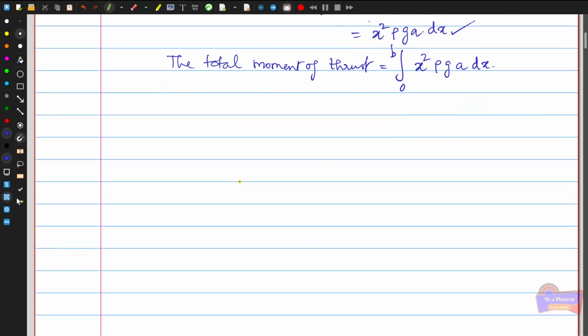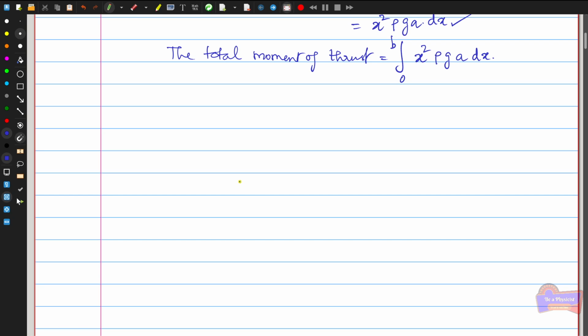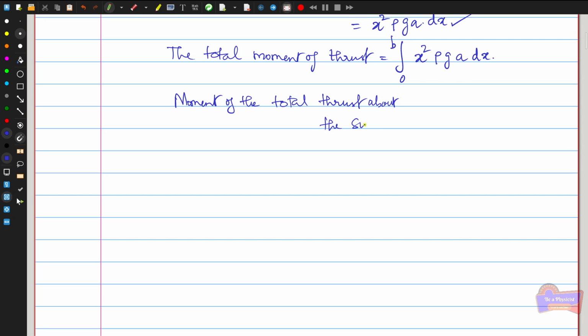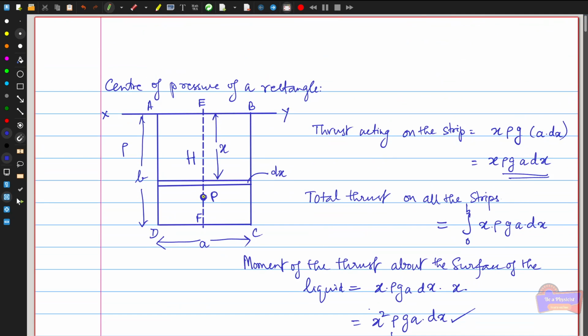Then we can write the moment of the resultant thrust, the moment of the total thrust about the surface of the liquid, as the integration from 0 to b of the thrust, rho g x times a dx, multiplied by the height of the point we have considered.